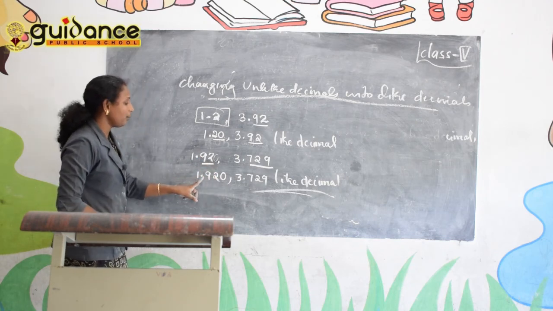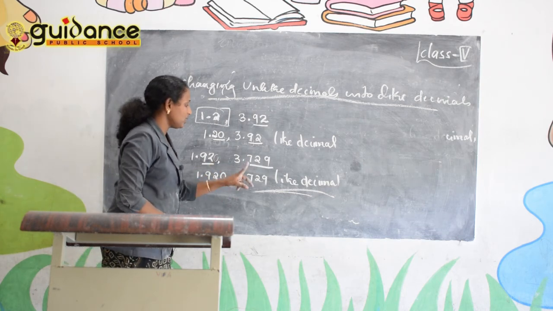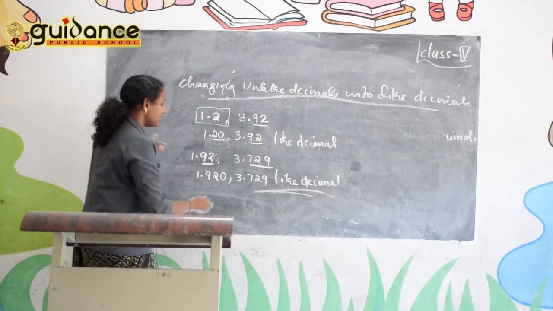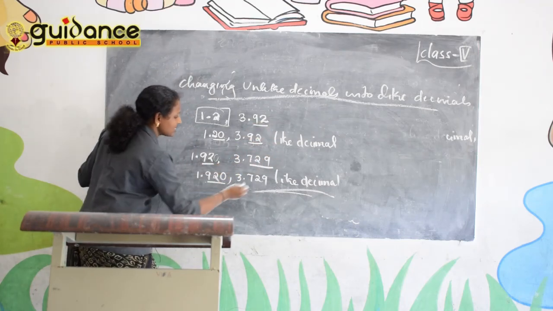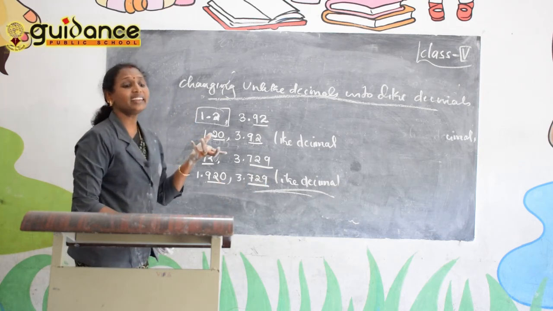That means 1.920 and 3.729 are like decimals, since both have 3 places after the decimal point.